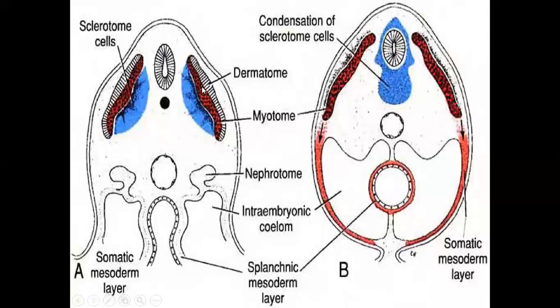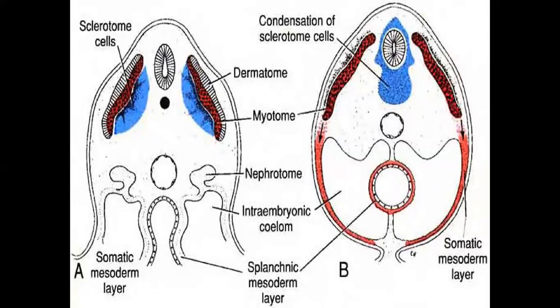Lying underneath this, we have the muscle, so this is called the myotome. These two structures are jointly called the dermomyotome. While this bluish one is responsible for the formation of the bony structure of our vertebral column, so it is called the sclerotome.